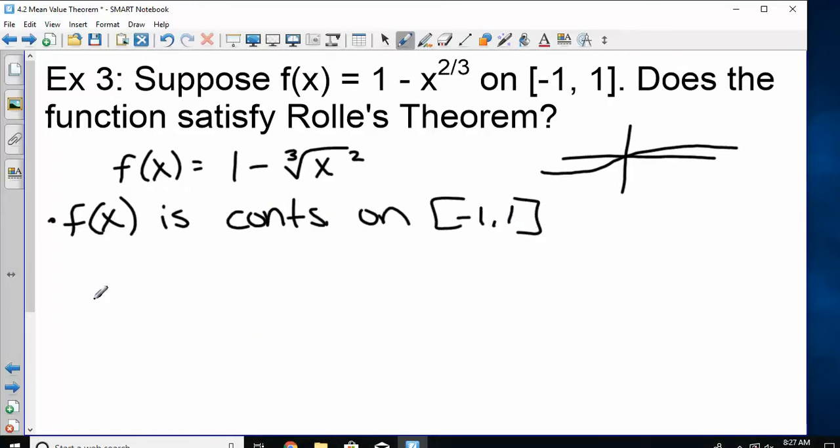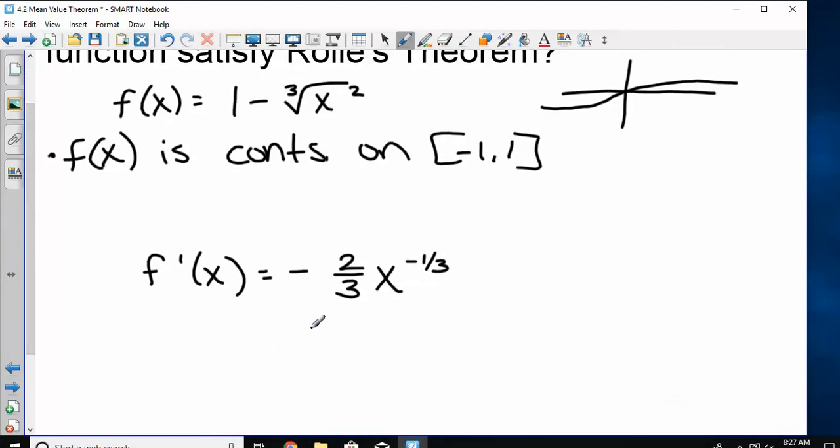All right, second piece, we need to know if it's differentiable, if the derivative works. So let's find this derivative. Derivative of 1 is 0. Bring down your power. That is a negative 1/3. A negative puts it on the bottom. And it's a 1/3, so it's like saying the cube root.